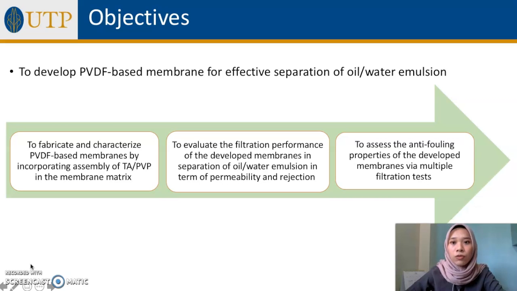For this, first we need to fabricate and characterize PVDF-based membrane by incorporating assembly of TA PVP in the membrane matrix. Then we want to evaluate the filtration performance of the developed membrane in separation of oil water emulsion in terms of permeability and rejection, and then to assess the anti-fouling properties of the developed membrane via multiple filtration tests.